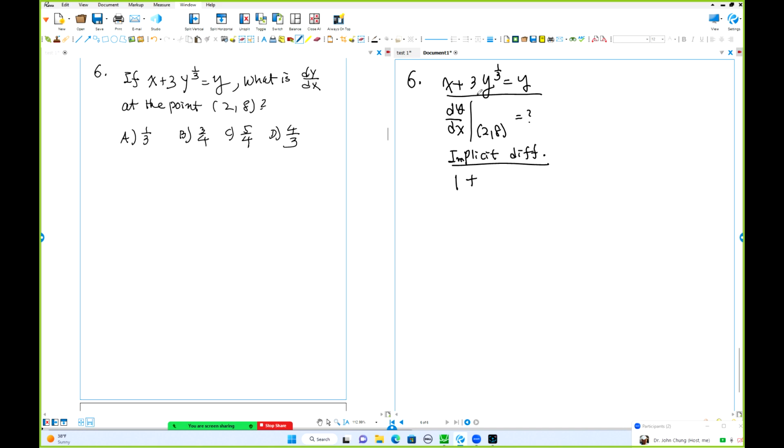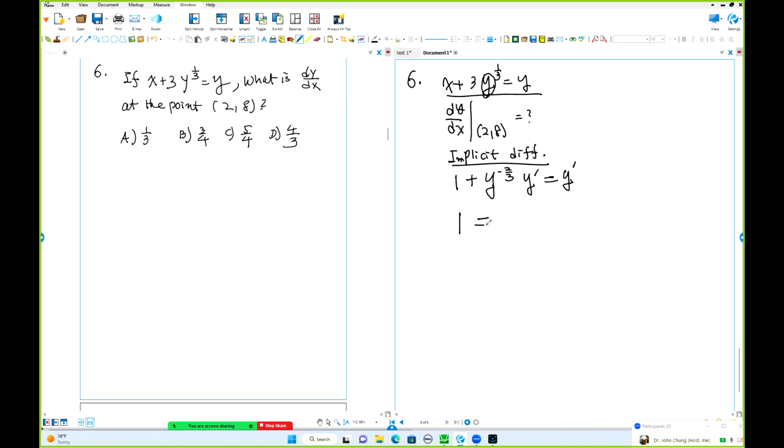And what is the derivative of the second term? 1/3 moves down, 3 times 1/3 is 1, y to the 1/3 minus 1, which is negative 2/3, right? After that, you multiply by the derivative of y again, because y is a function of x, y prime. Equals to another y there, that is also derivative y prime.